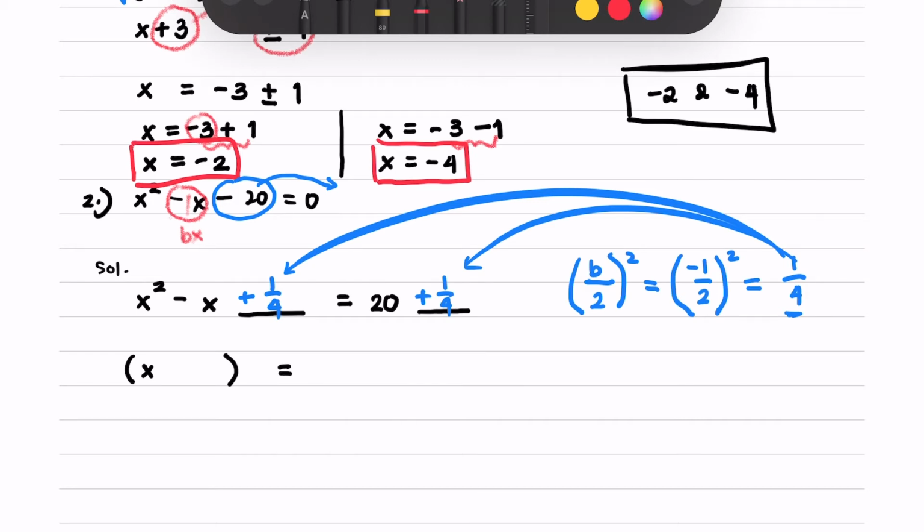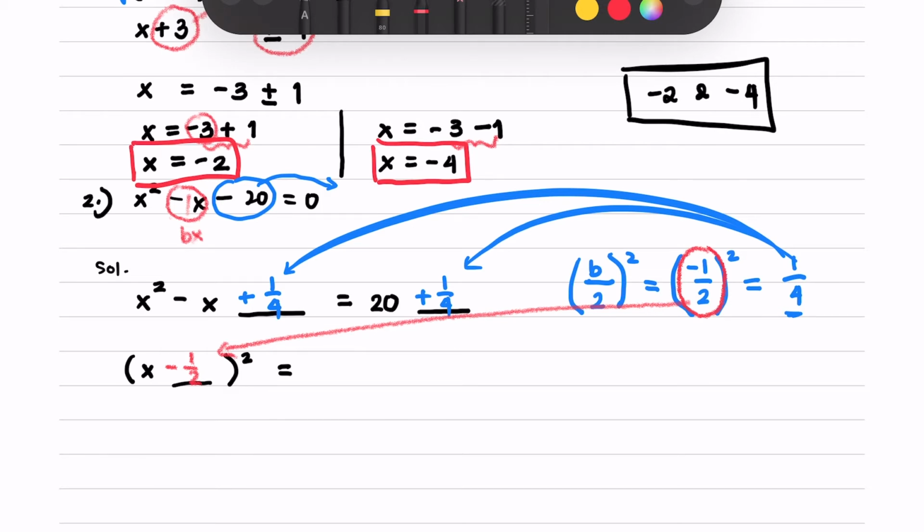So, ano ilalagay ko dito sa loob? Ang ilalagay ko dun sa loob, para hindi kayo malito, is kung ano yung nandito. Yan. So, naglagay na ako ng arrow para hindi kayo malito. And that is negative 1 over 2. And then, do not forget the square sa labas ng parenthesis.